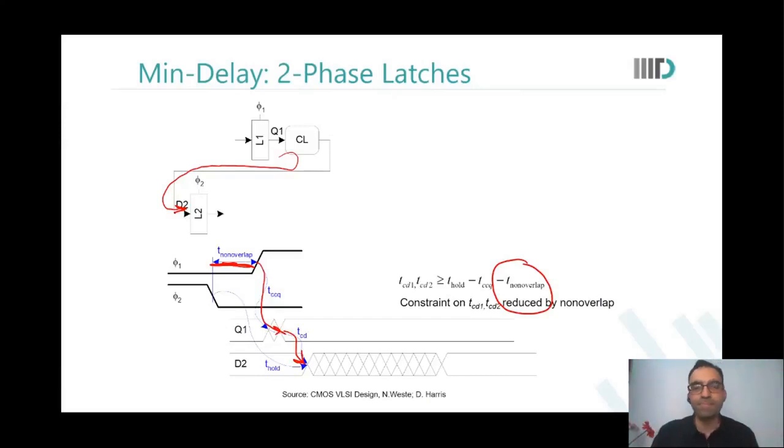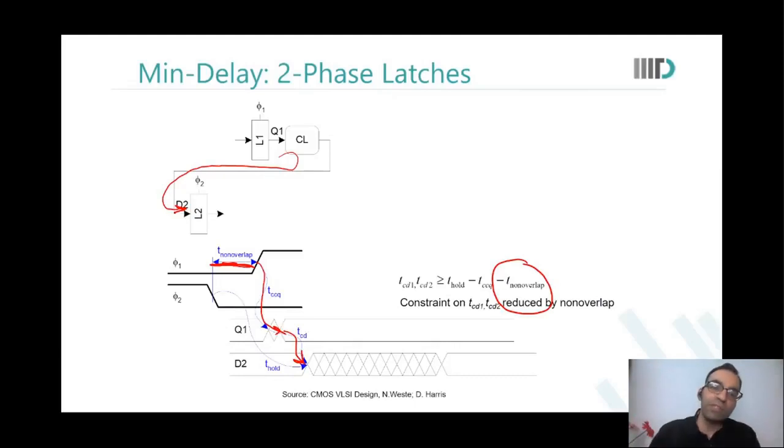For building a faster circuit, I would like to increase the non-overlap period, right? Non-overlap is a dead period. Nothing is happening there. No sampling could be happening. You may actually be losing data because of non-overlap.